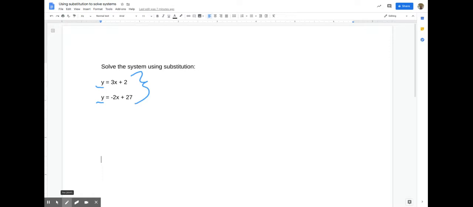So in this case, since y is 3x plus 2 and y is negative 2x plus 27, we know it must be true that 3x plus 2 has to also equal negative 2x plus 27 because they equal the very same thing.